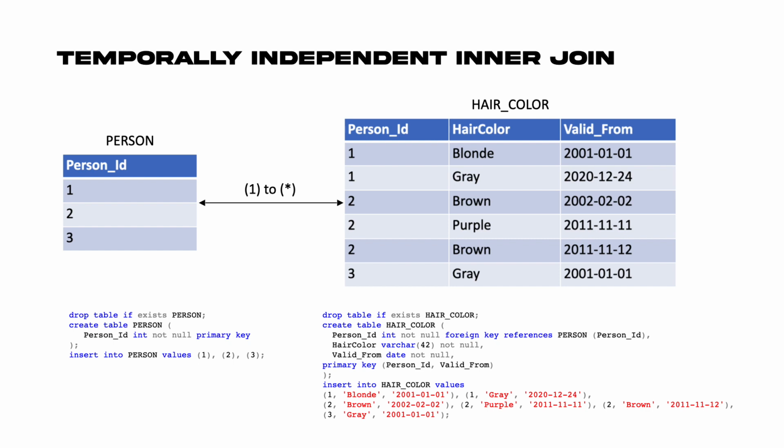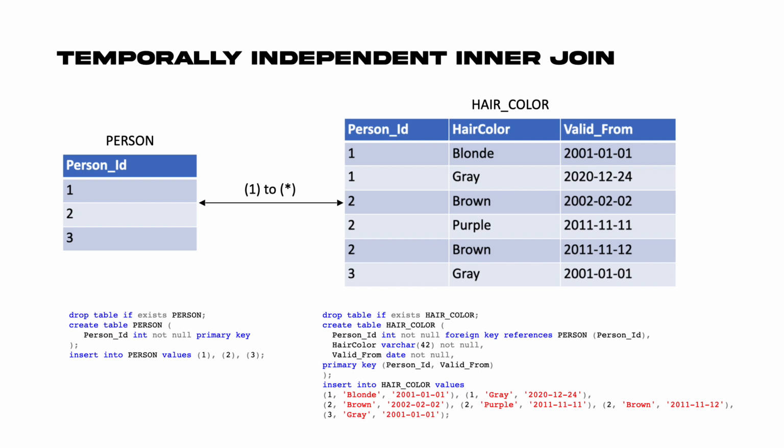So in order to still have a primary key in the hair color table, this key has to be extended to include the valid from date. So we have person ID and valid from in the primary key of that table. Person ID is still a foreign key to person, and person's primary key is person ID. So it's a one-to-many relationship between these now.